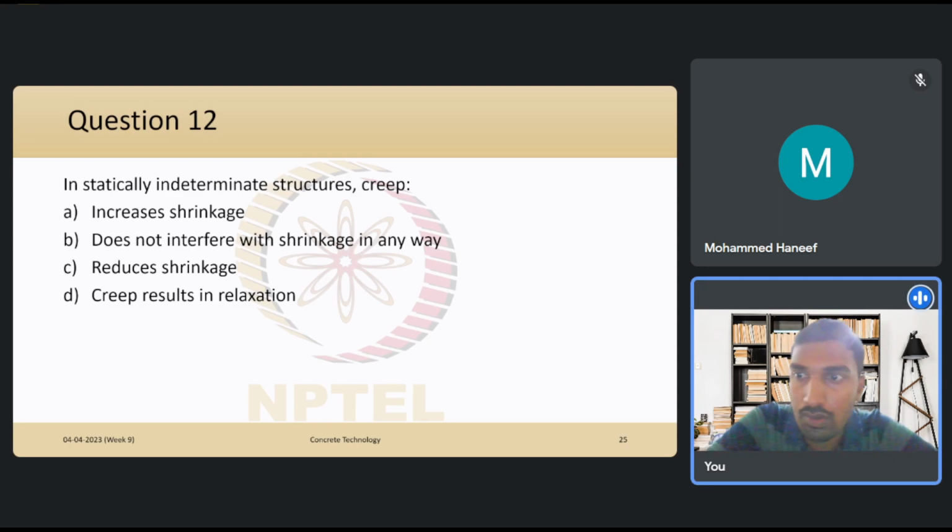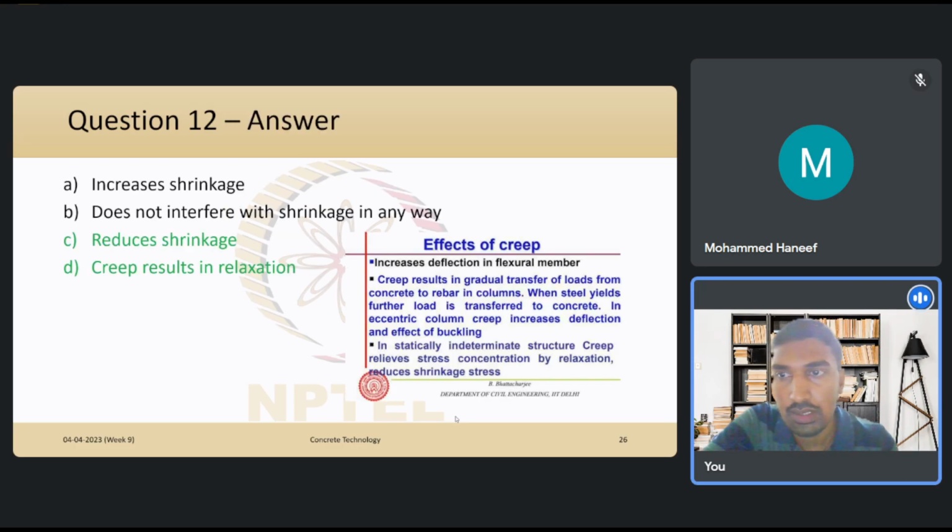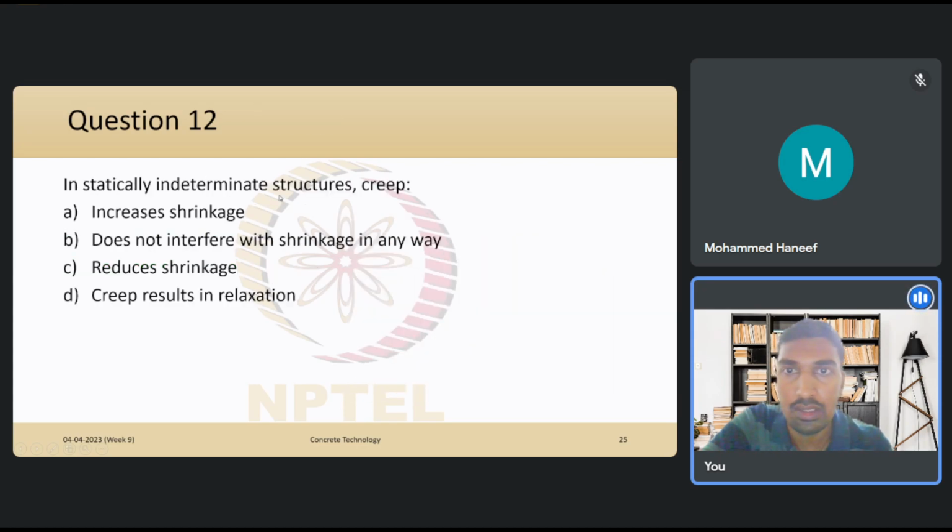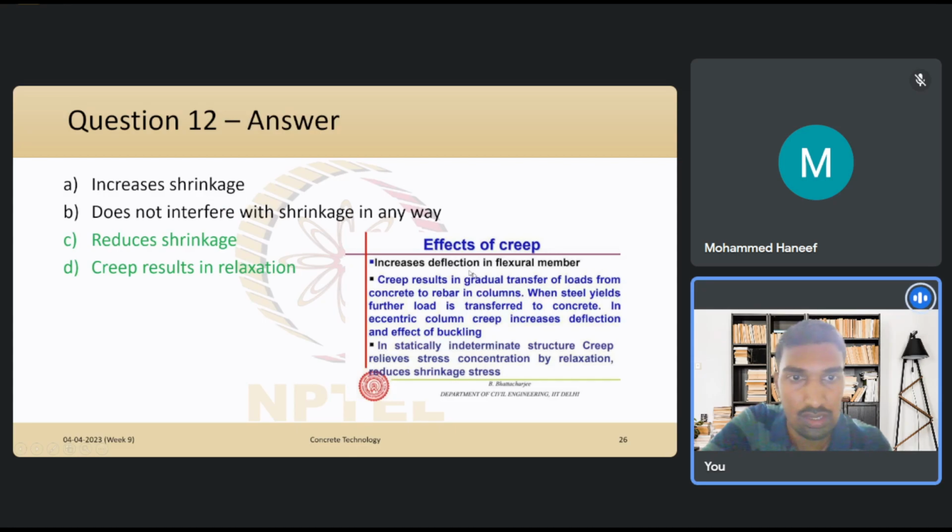Okay, we have one more for options C and D. So the right options are both option C and option D, that the shrinkage will reduce and also creep results in relaxation. Here we are talking about statically indeterminate structures.